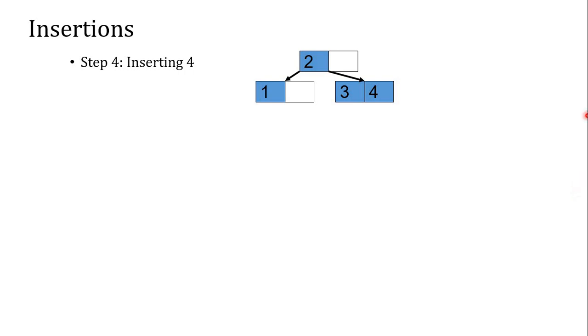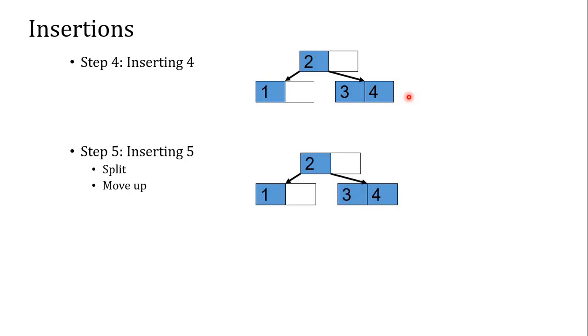So 3 and 4 are here, and there is some space. When you want to insert 5, you do the same work again: split and move up. So that was the tree up to 4. Now you want to insert 5.